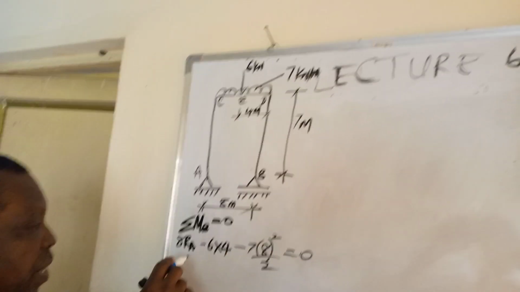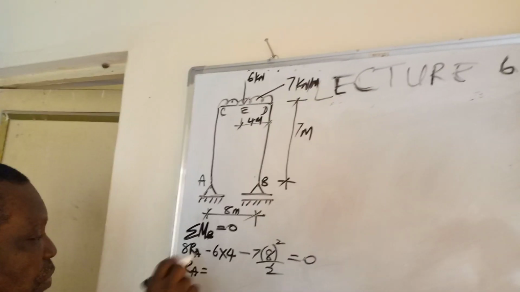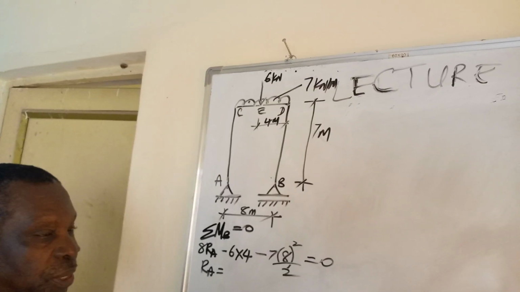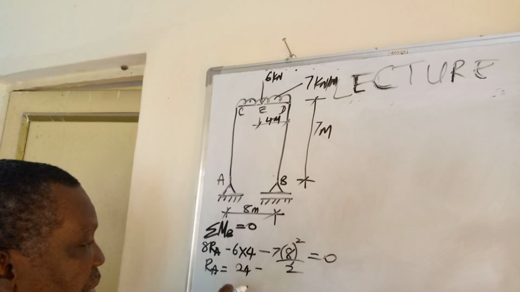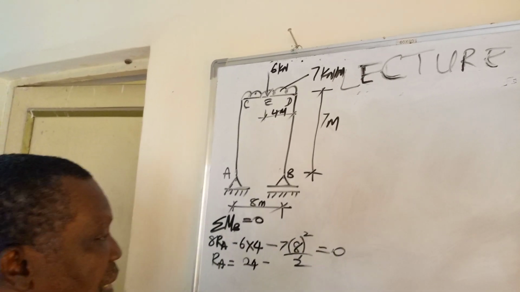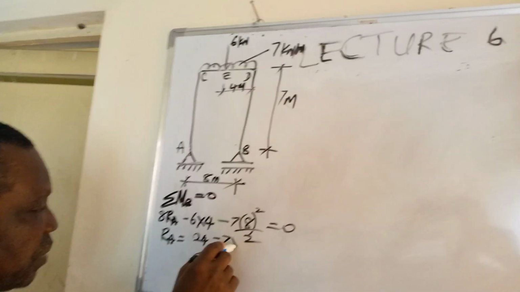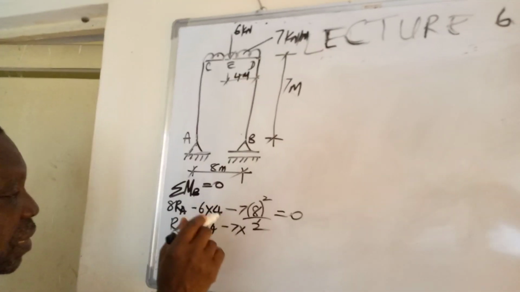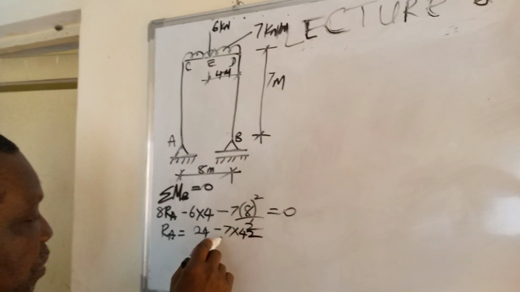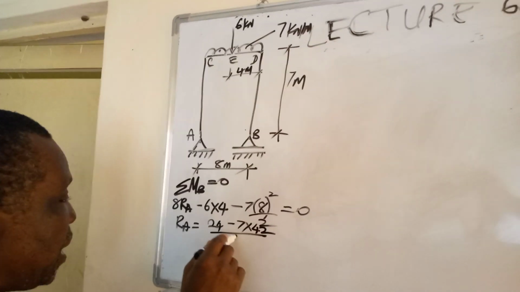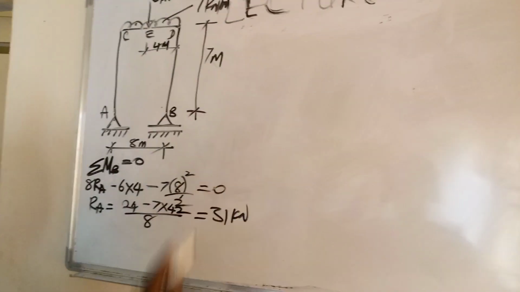So from here we have that reaction A is equal to 6 times 4, that's 24, minus 7 times 64 over 2, that is 224, all over 8, which gives us 31 kilonewton.